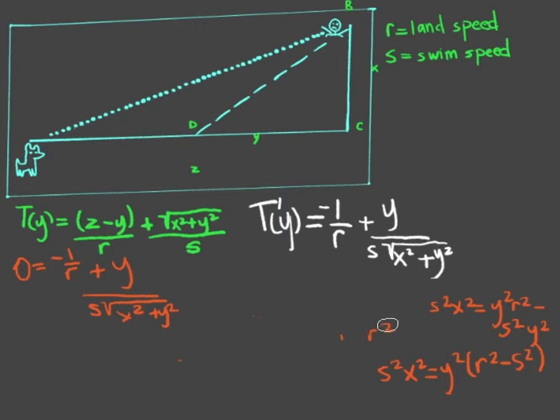We then factor y squared out and divide both sides by the resulting quantity r squared minus s squared.